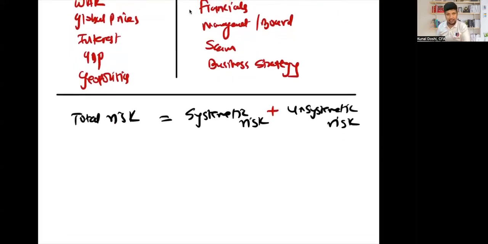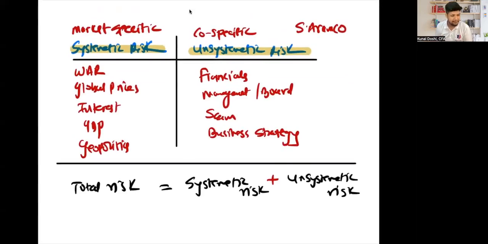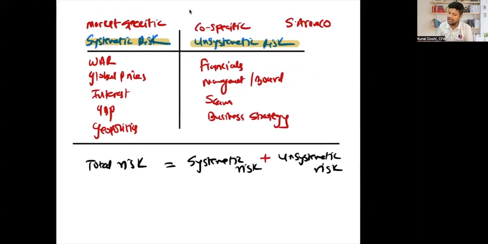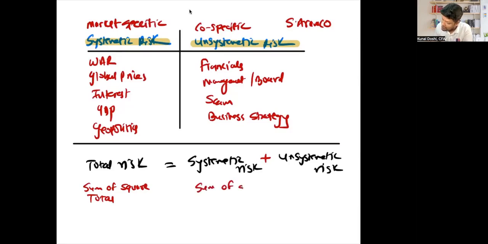This same thing has a statistical name. What is the statistical name? The statistical name for total risk is called sum of square total. Systematic risk is called sum of square regression.